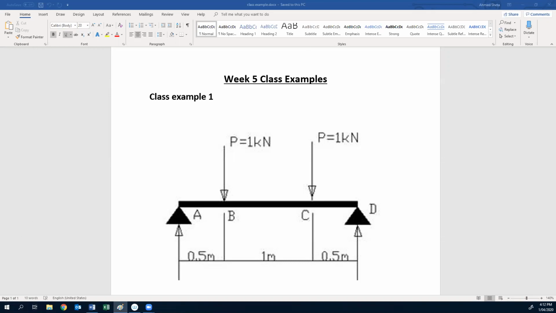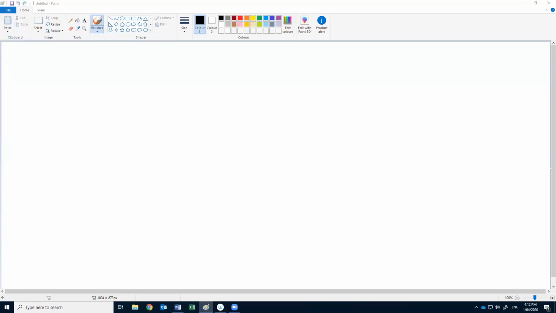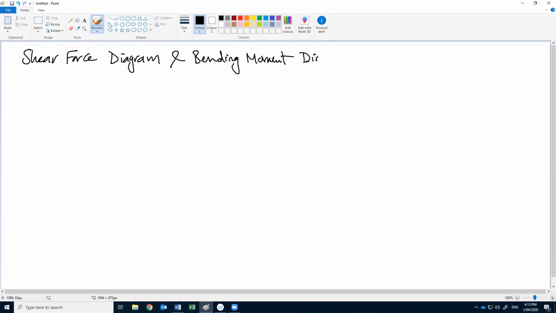We'll shift to another screen now. So this screen, our objective today is the shear force diagram and bending moment diagram using the graphical method.